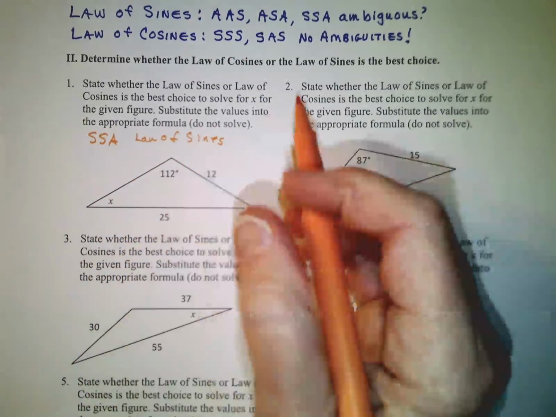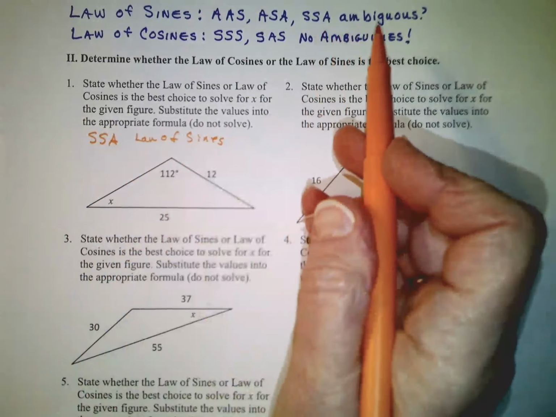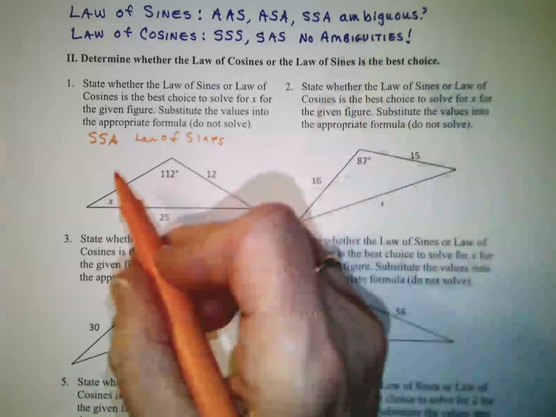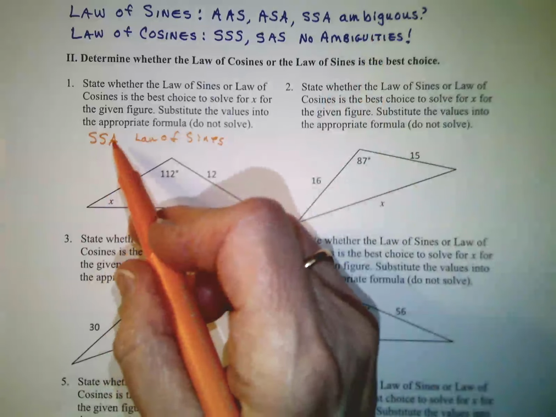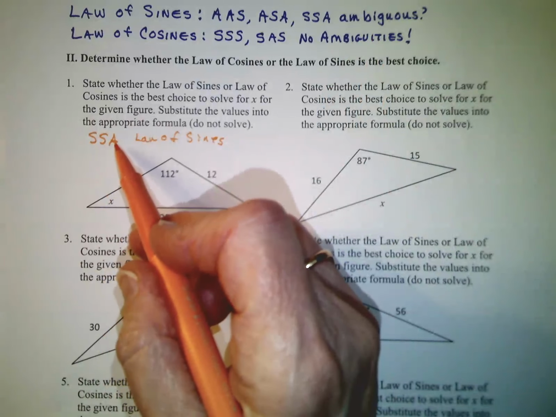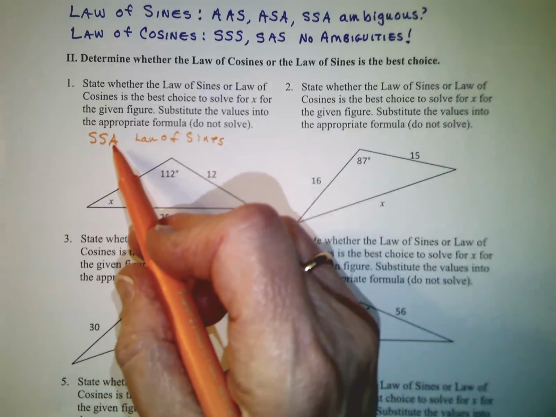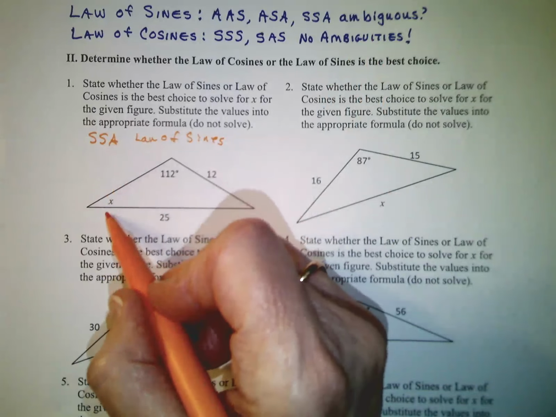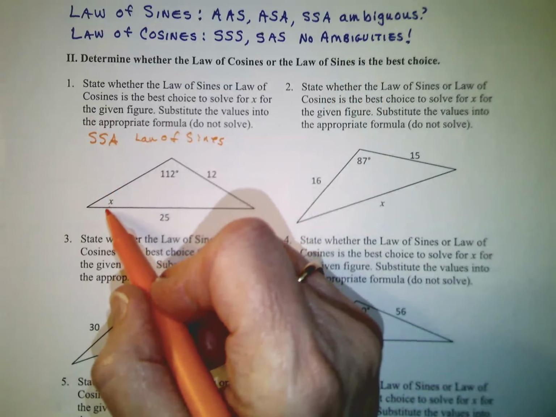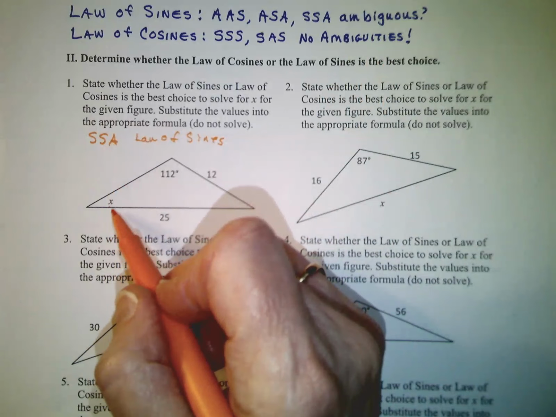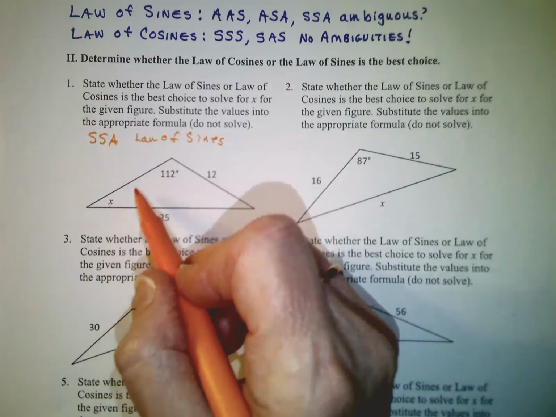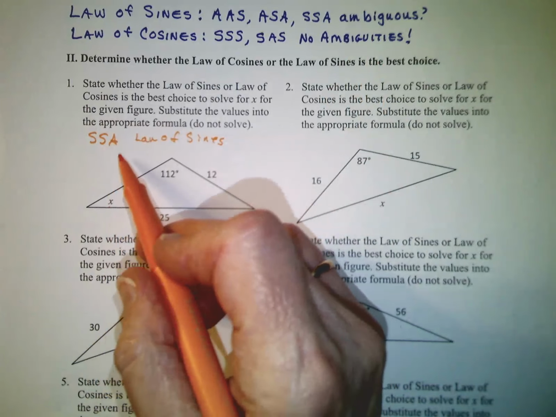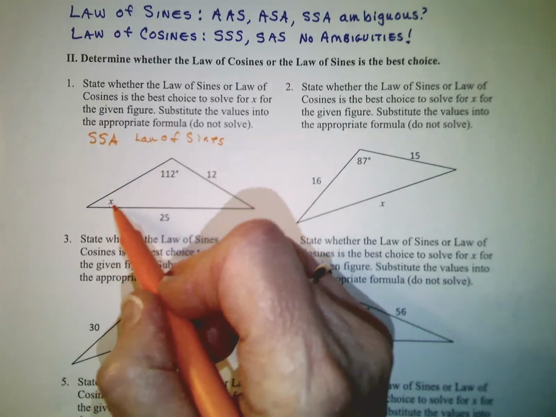We will have to worry whether or not it's an ambiguous case. Side-side angle did not guarantee congruency. Sometimes it worked, sometimes it didn't. So there may be a non-unique solution here. There may be more than one triangle that satisfies the proportion when we set it up.